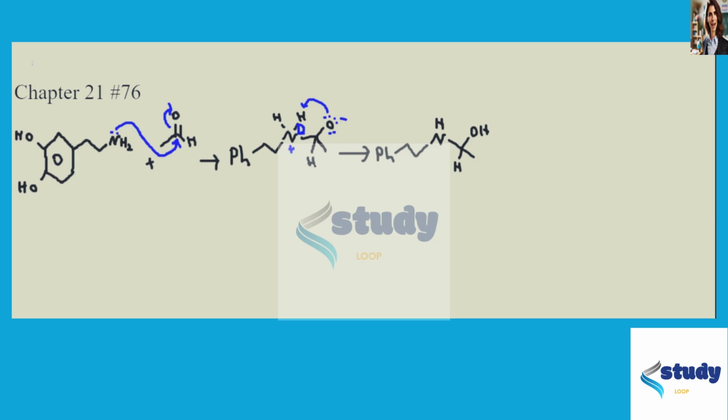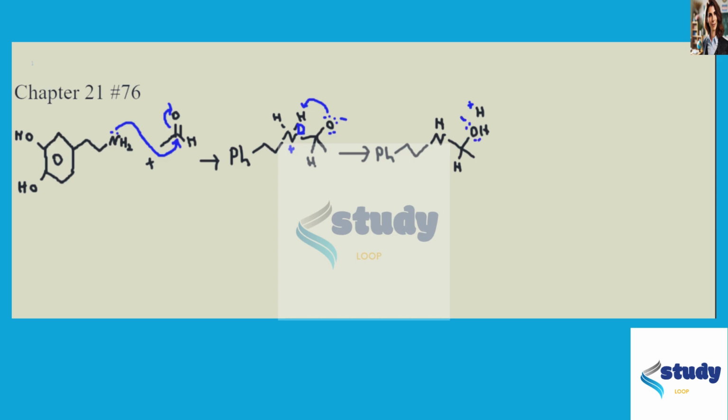And then from here, the next step is going to be protonation of that alcohol. So we are told in the problem that this is happening under mildly acidic conditions. So we can just draw a proton. You could draw H3O if you're more comfortable with that. It doesn't matter.